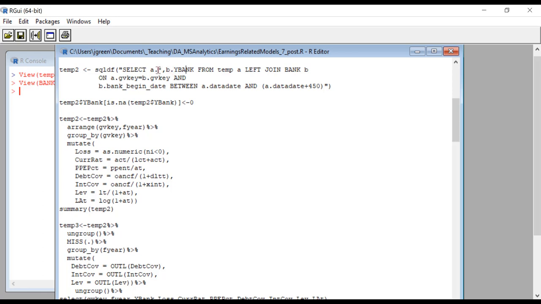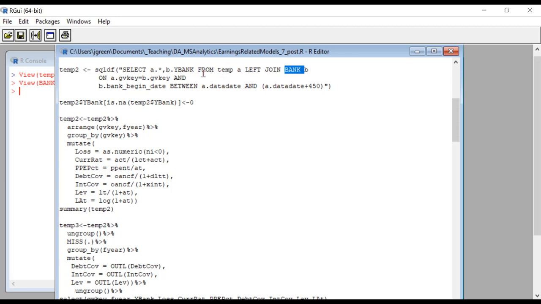Okay, so then the star means all columns, so A dot star means all of the columns from this temp data frame. Then we're going to take this Y bank variable. Remember, in the bank data, the bankruptcy data set, it's all 1s. So we're going to take that Y bank column, and that's the only column we're going to take from this bank data frame.